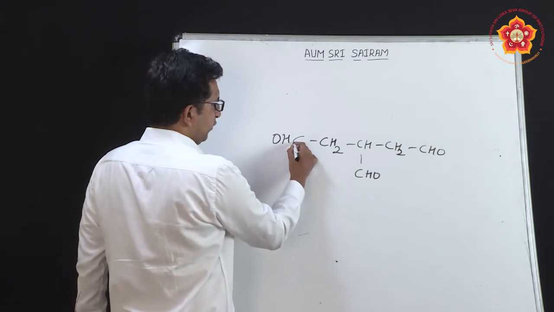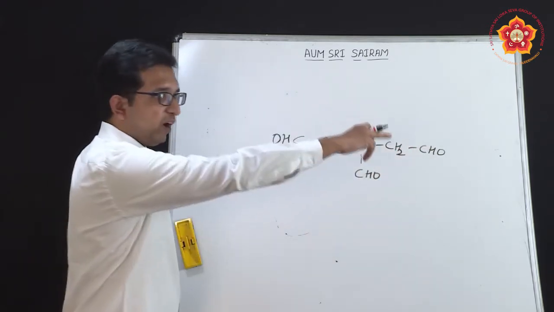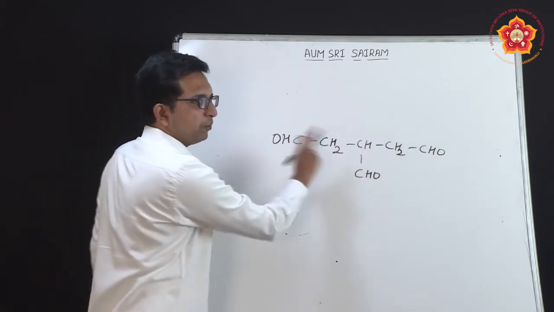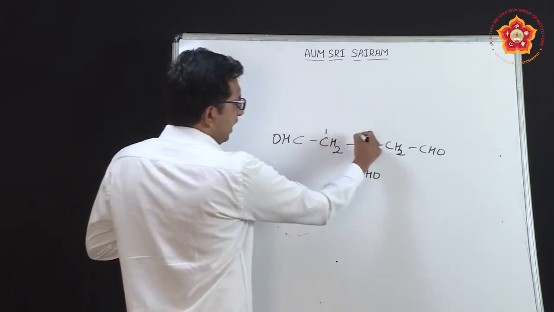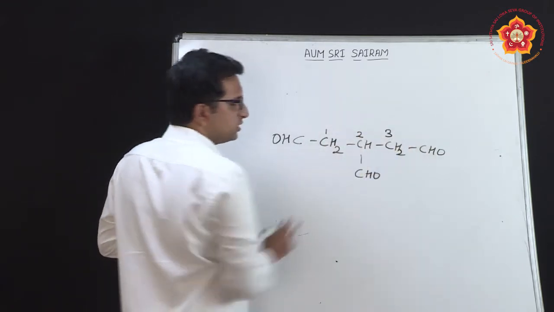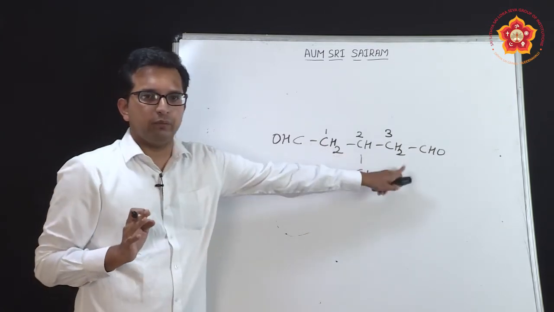For example, if I consider 1, 2, 3, 4, 5, now when I consider that 5, another aldehyde is left below. So the best thing that is done is, only the alkyl system is considered for numbering. Number 1, number 2, number 3.